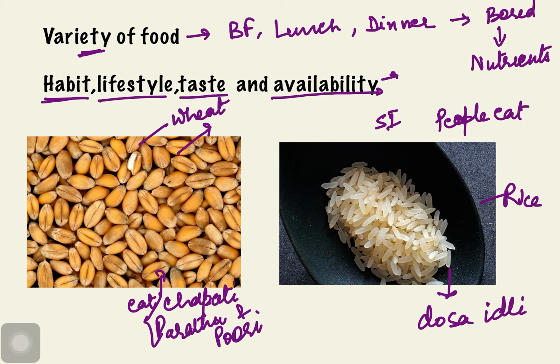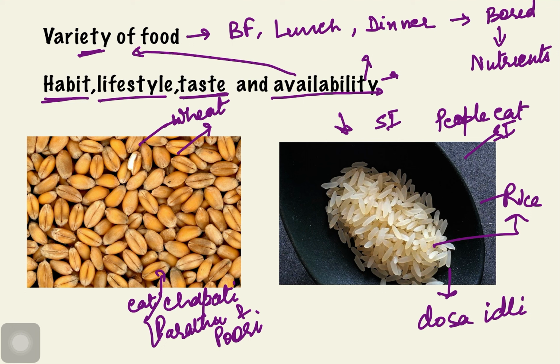So why? Because in South India the environment and the climate supports the growth of rice. So people eat rice in South India and people eat wheat in North India because of the availability of these food items. So this constitutes variety of the food.